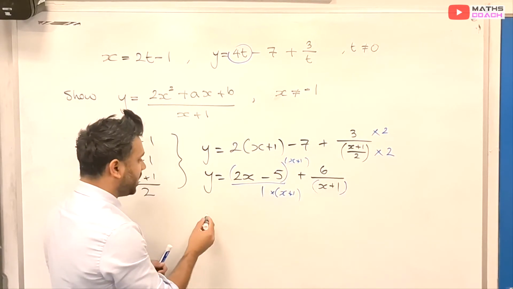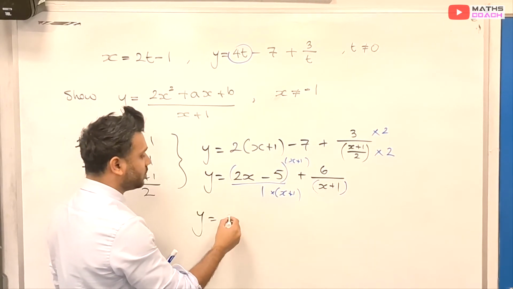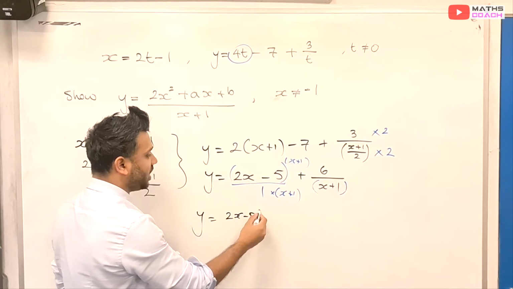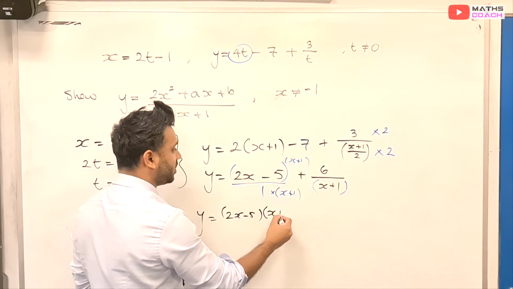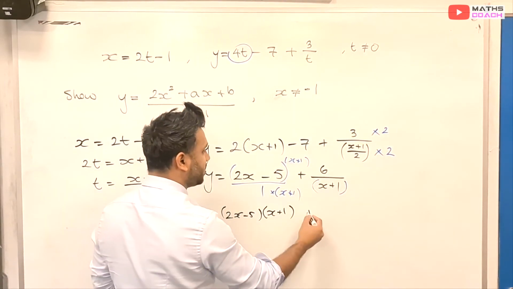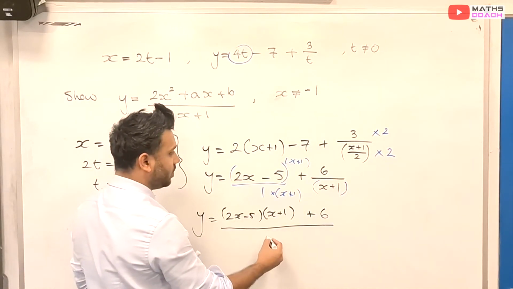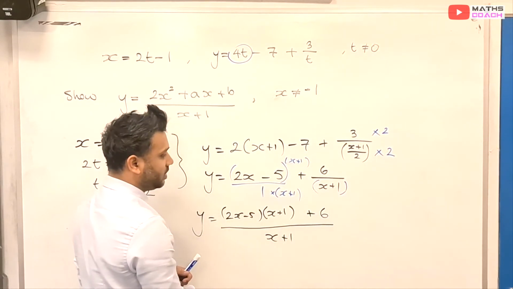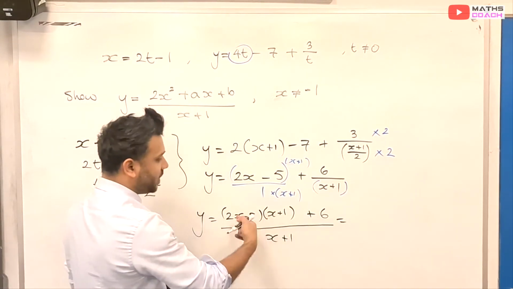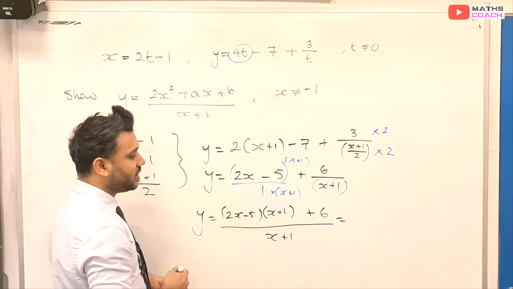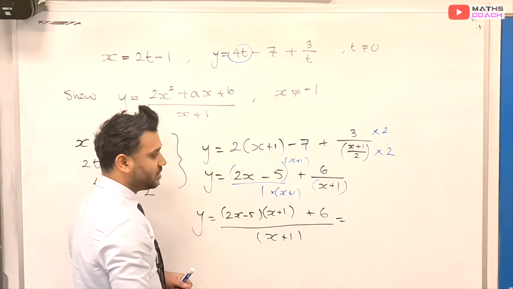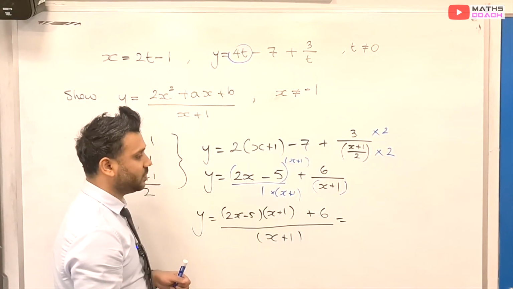So what we have basically is y equals 2x minus 5 multiplied by x plus 1, plus 6. All of it now has a common denominator of x plus 1. All we have to do now is expand and simplify the numerator, keeping the denominator as x plus 1, because we can't really do much there.